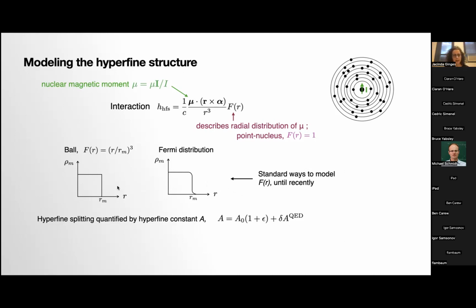Just to say a couple of things about this. Of course, this is giving you the distribution of magnetization. So if you're looking at charge distribution, the charge distribution comes from the protons, which is given by the bulk of the nucleus. But if you're looking at the magnetization distribution, this really comes from the unpaired nucleons within the nucleus.